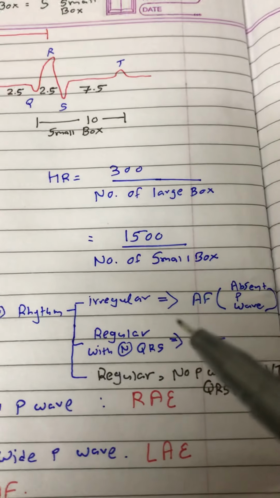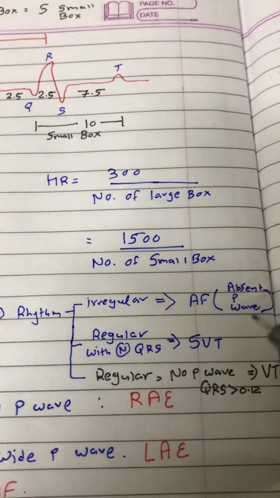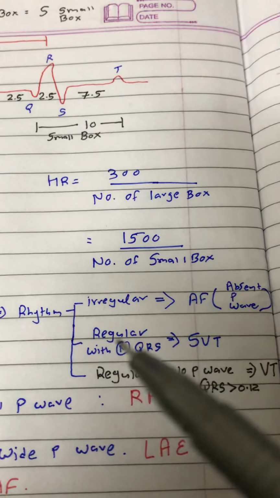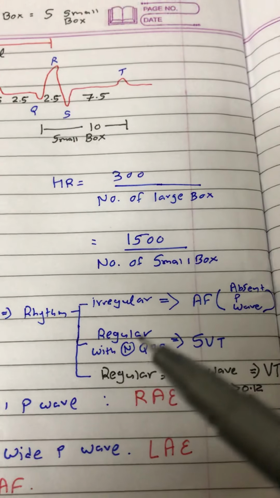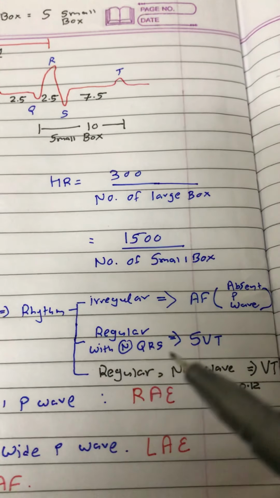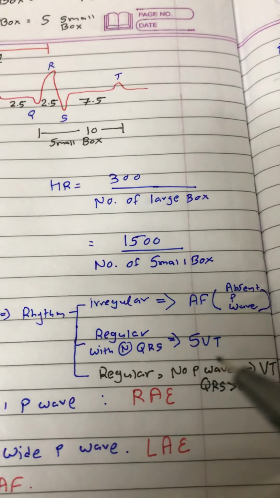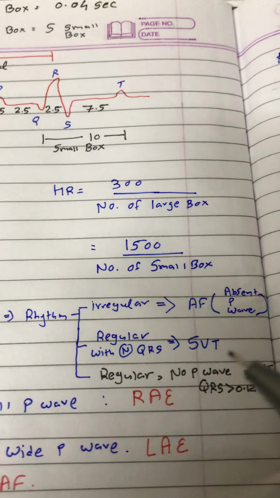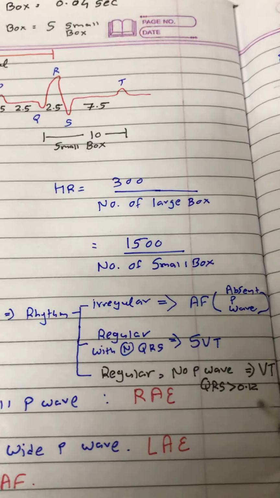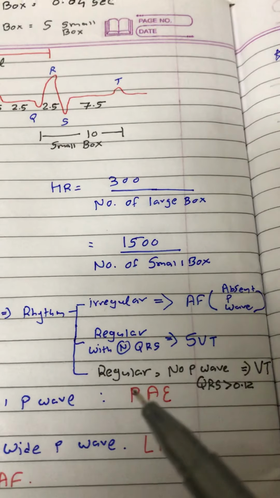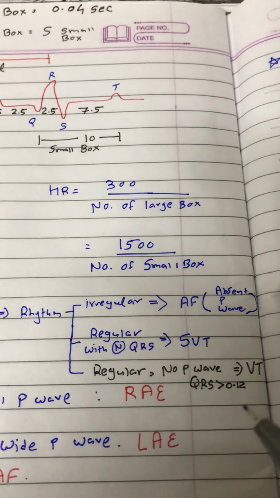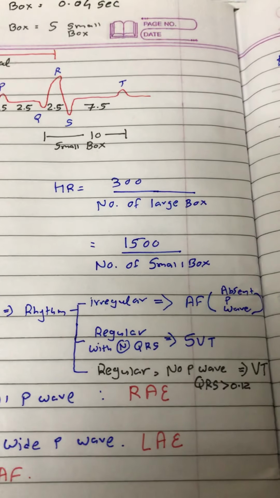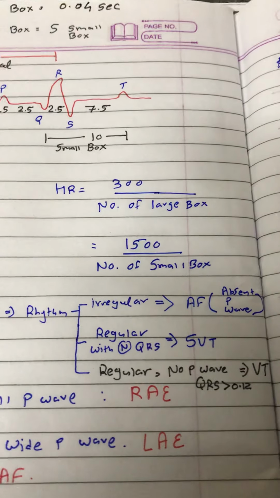If rhythm is irregular and P wave is absent, then it is probably atrial fibrillation. If rhythm is regular, then check QRS. If QRS is normal, then it is supraventricular tachycardia, meaning the pathology is above the AV node. If rhythm is regular but QRS is prolonged, then the pathology is related to the ventricles and it is probably ventricular tachycardia.